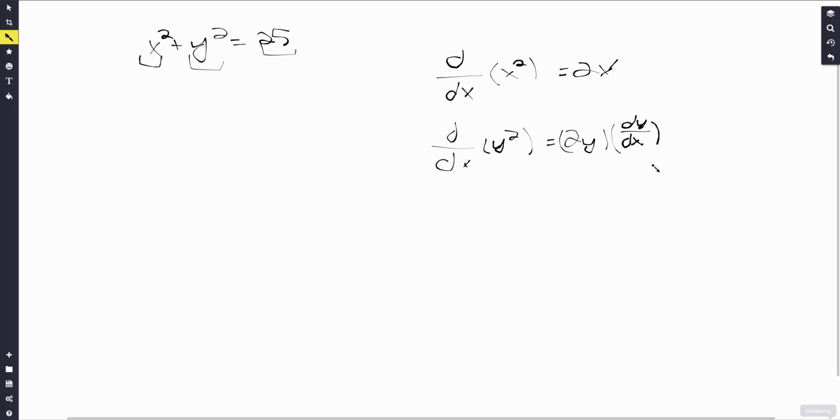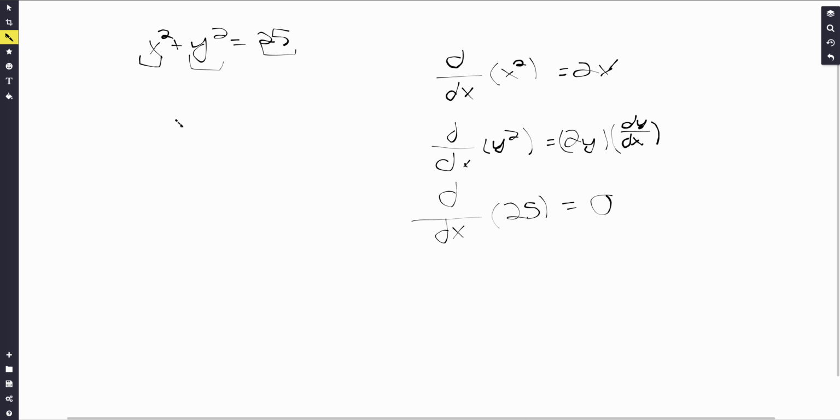We're basically treating the y as a function of x, so we're treating it as a y of x. That's why there would be the dy over dx there. And then we would take the derivative of the last term, d over dx of 25, and that would equal 0 because the derivative of a constant is 0.